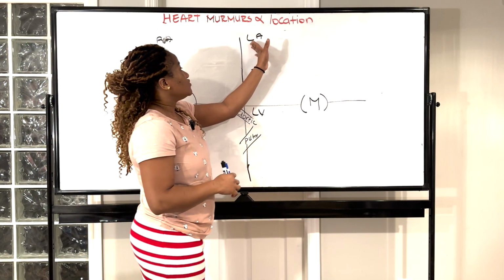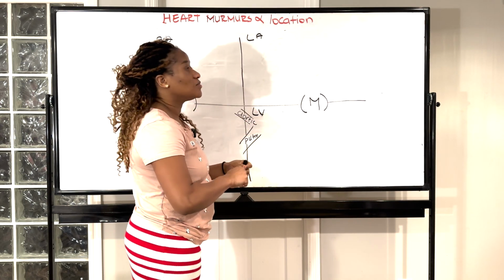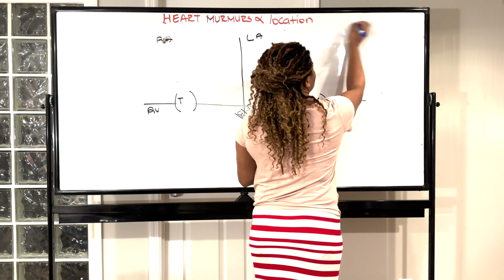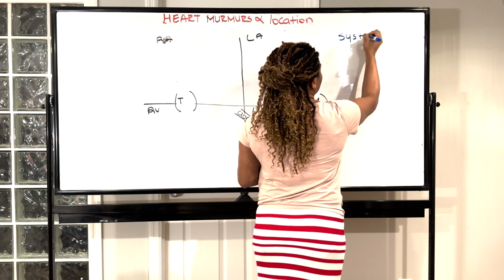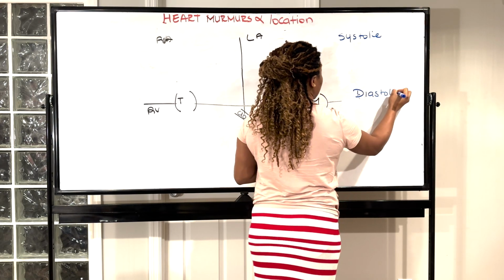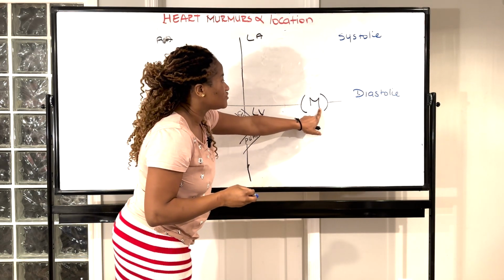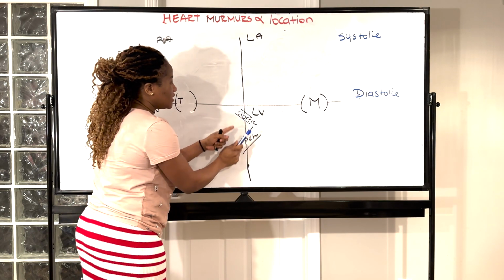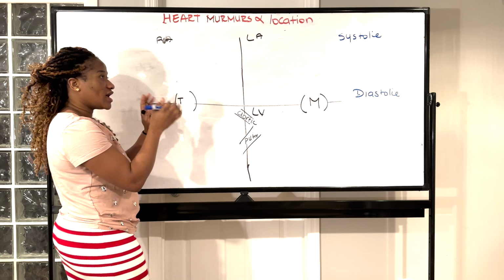Now, on the left side of the heart, let's see what happens during systolic and diastolic. So here we're going to put systolic, and here diastolic. During systolic, the mitral valve and tricuspid valve should be closed, and the aortic and pulmonary valves are the only valves that should be open to pump the blood out.